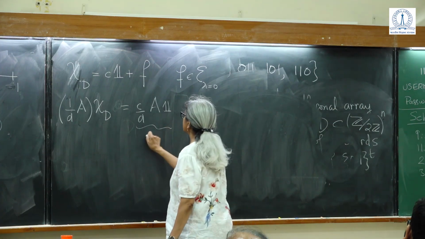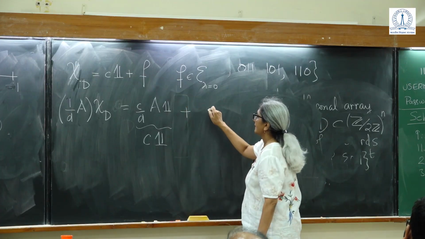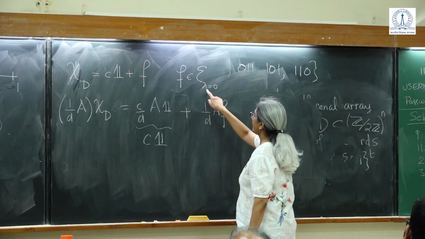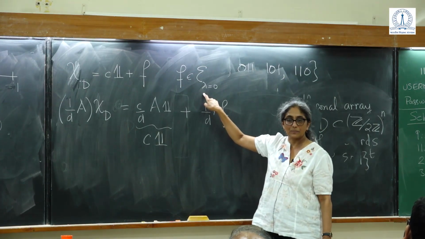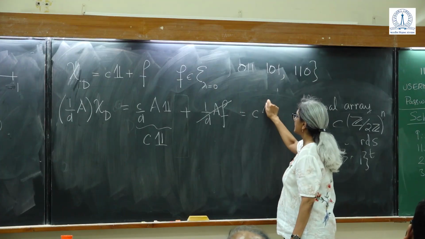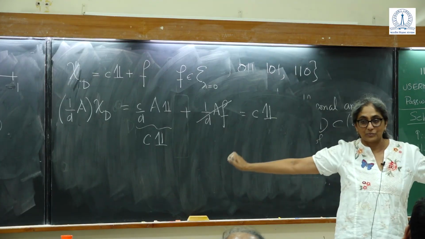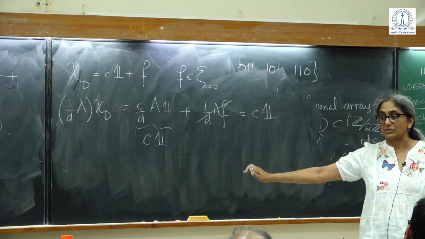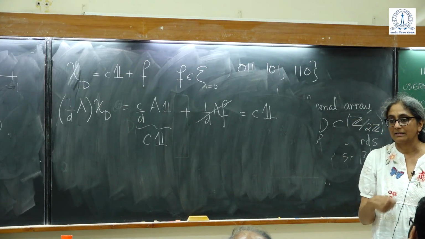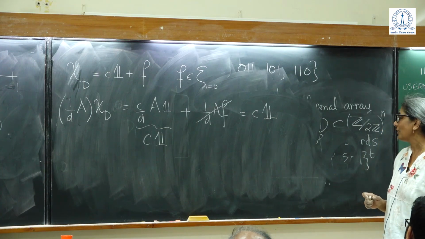So this piece is c times 1. And what happens to this piece? I will get 1 over d A times f, but f is in the eigenspace of 0, so this goes away. So this becomes c times 1. That means in one step, I equidistribute. I get to the uniform distribution in a single step if I start on this measure, the measure that's supported on the design, okay? And now this means what?